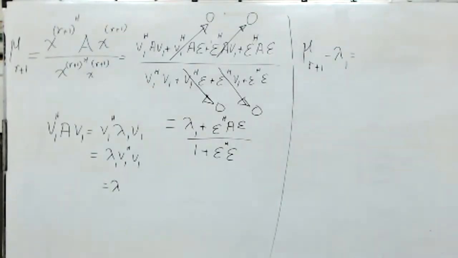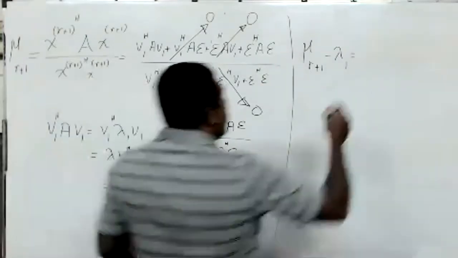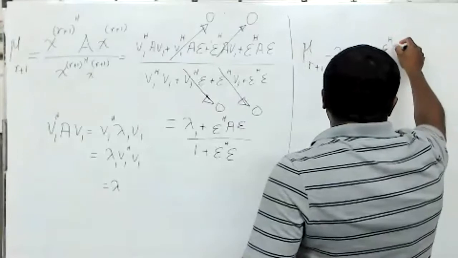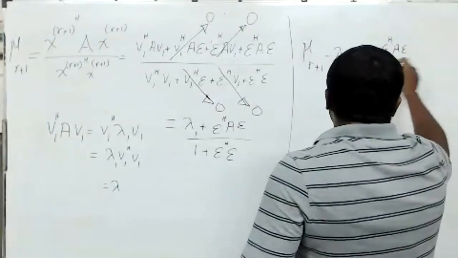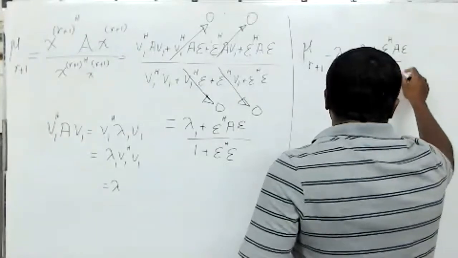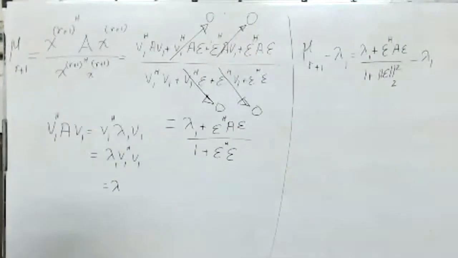That turns out to be lambda 1 plus epsilon Hermitian A epsilon over 1 plus the 2-norm of epsilon squared, minus lambda 1.